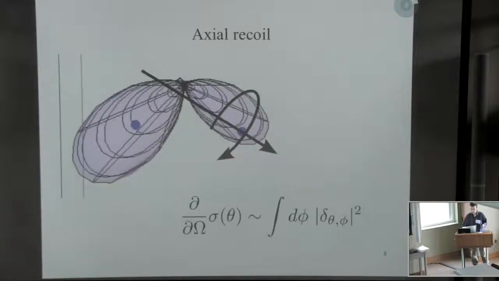Okay, so now I'll talk about what this can tell us about the angular distributions. We've all heard a lot about axial recoil in general, but specifically how this is treated here is that we basically average over orientations of the molecule. That's basically the third Euler angle.